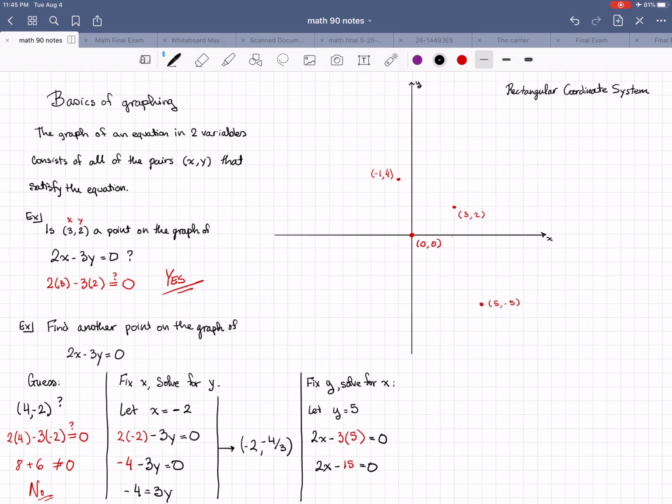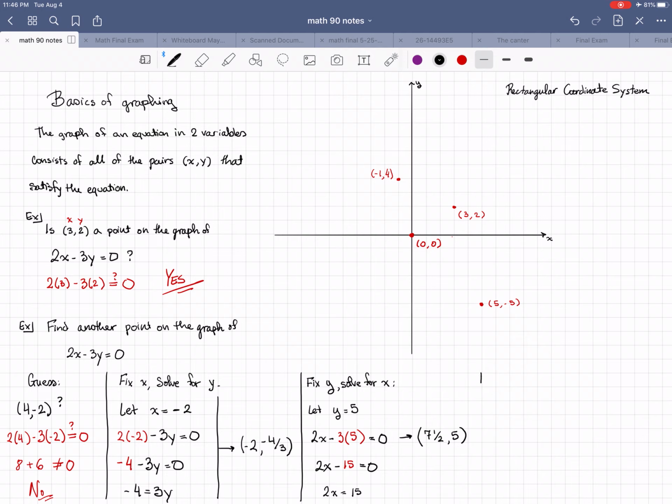So now we'll add 15 to both sides. So 2x has to be 15. And then we would divide both sides by 2. So we end up with, if y is 5, x has to be 15 over 2, which is 7.5. So now we have 3 points.